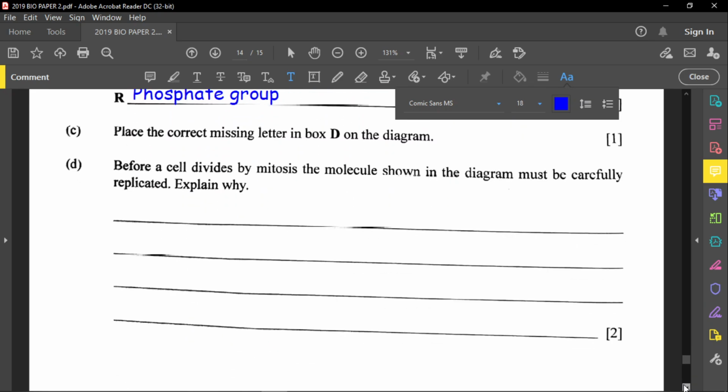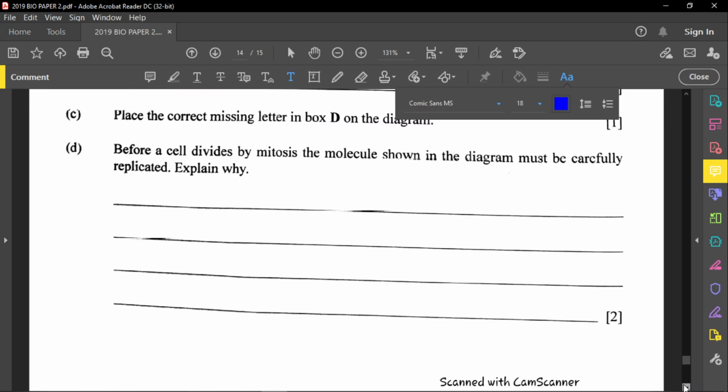It said, before a cell divides by mitosis, the molecules shown in the diagram must be carefully replicated. Explain why. So explain why replication of the DNA, or replication of even the chromosomes, must take place.